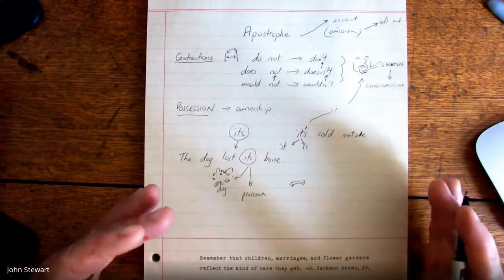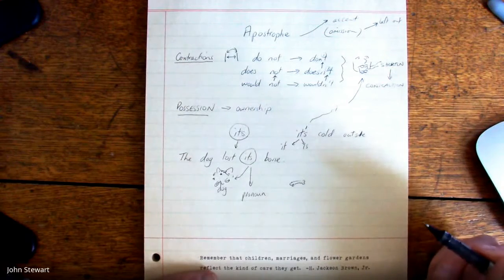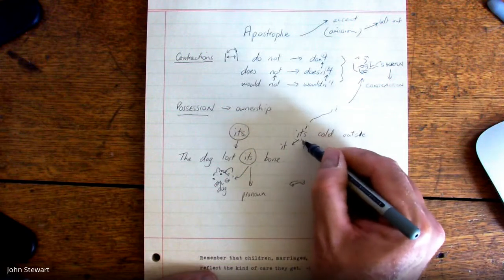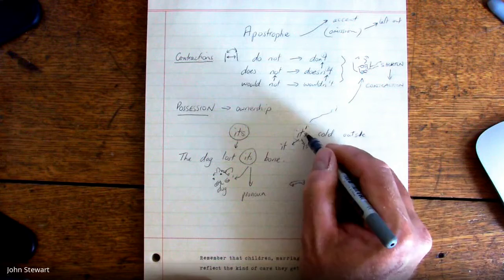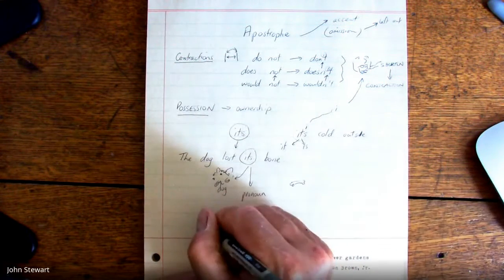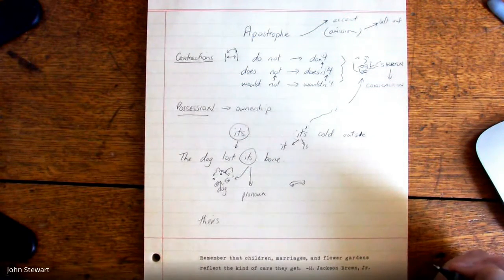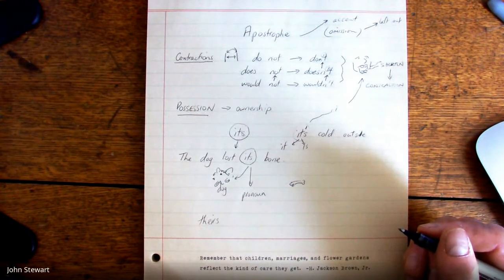Now, the only thing to be aware of is it never has an apostrophe. The only time we use an apostrophe for it's is if it's going to be a shortened version of it is. And this is also the case for theirs, it was theirs, and for other pronouns of possession.